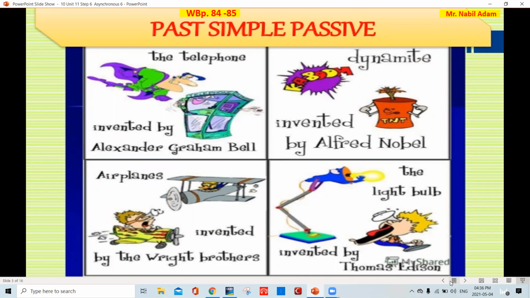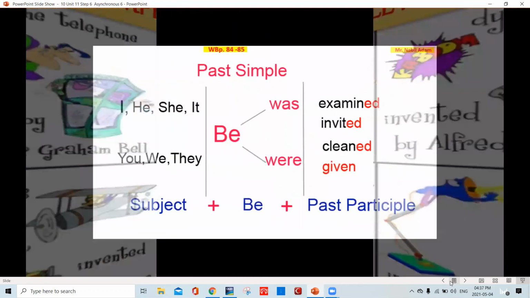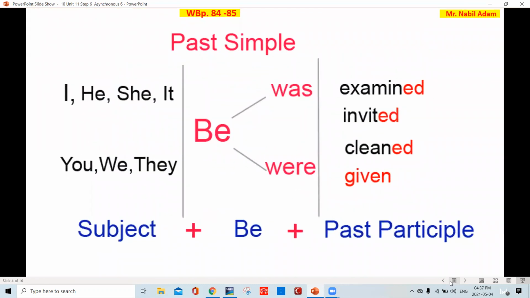So when we change the past simple tense from active into passive, we start with the object, and then we use was or were plus past participle. You can mention the subject at the end of the verb preceded with the preposition by. So again, past simple, we use was or were plus past participle.